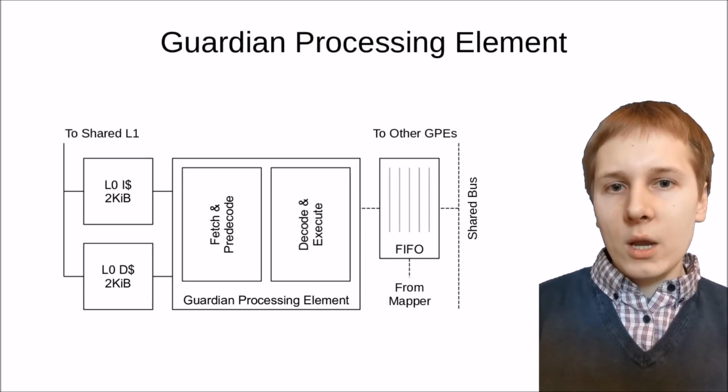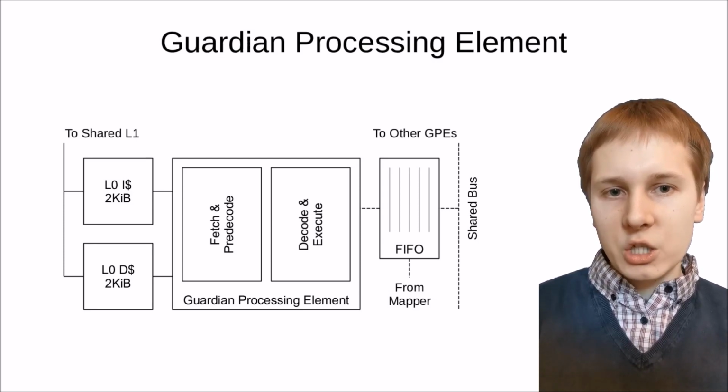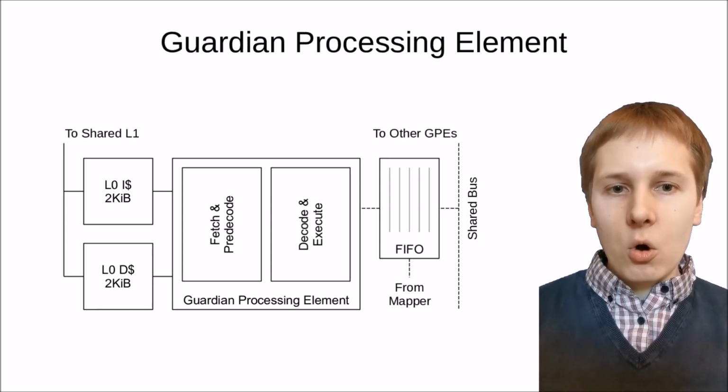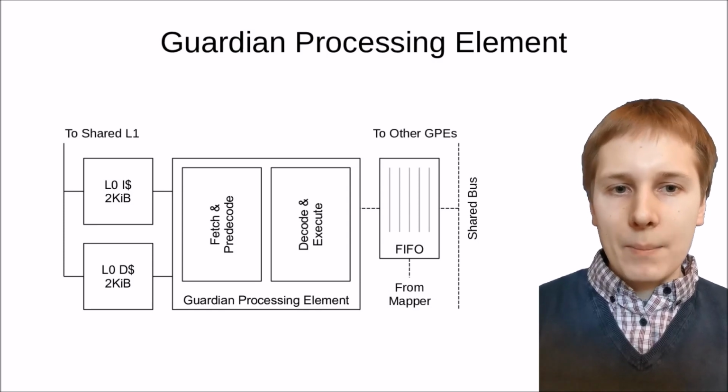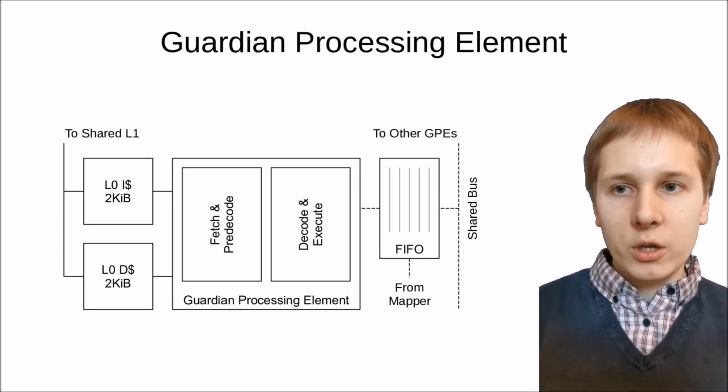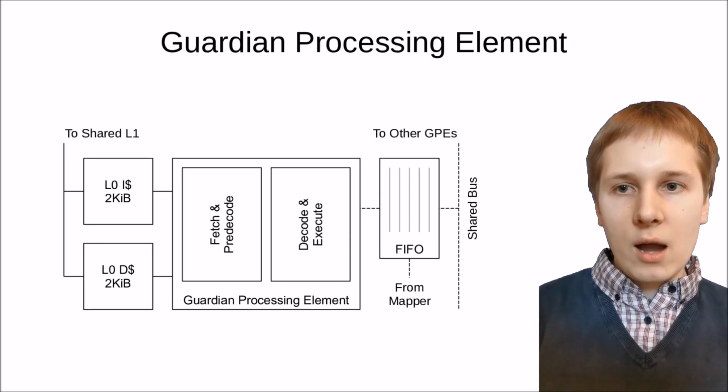And we also allow them to observe the main core's operations by allowing the mapper to send messages to these GPEs via the main core, via the filter, via the mapper, then through to the appropriate core via these FIFO queues over on the right.